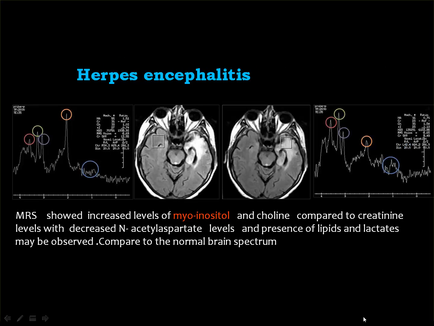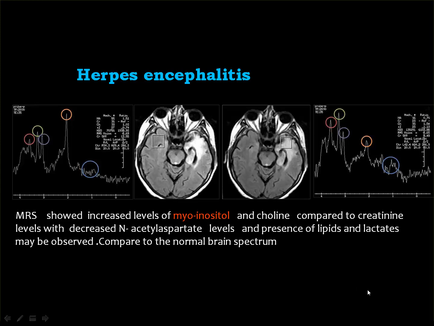And this is the site of the bleeding, and you know diffusion has nothing to do with bleeding. If you have the MR spectroscopy, this is the normal brain spectroscopy. The voxel is located on the normal temporal lobe, and this is the spectroscopy of the herpes encephalitis. In herpes encephalitis, you get lipid and lactate peaks, and you get depression of the N-acetyl aspartate and some elevation of the choline and myoinositol.